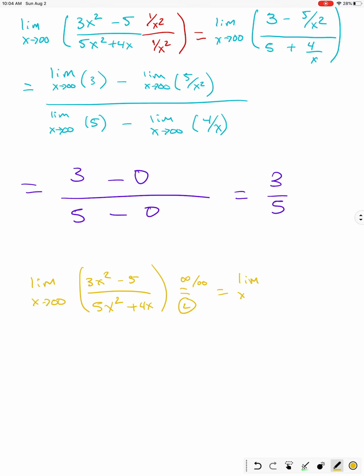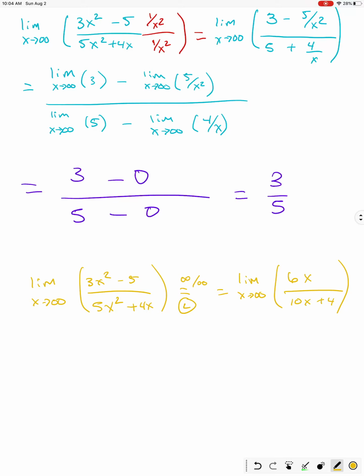So then I'm going to use L'Hopital's rule, and that would be the limit as x approaches infinity of 6x divided by 10x plus 4.